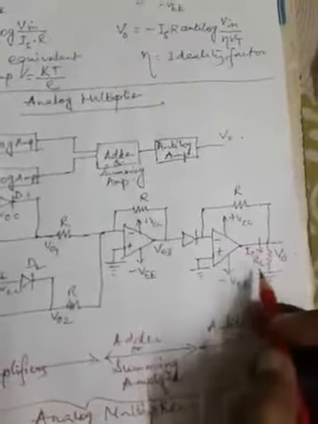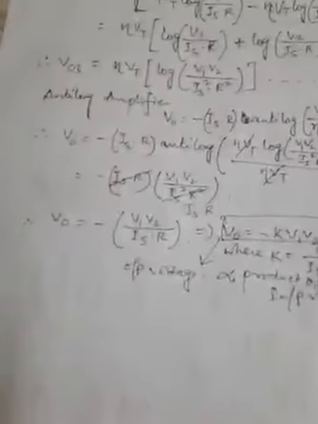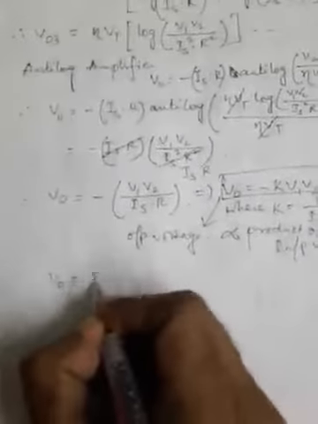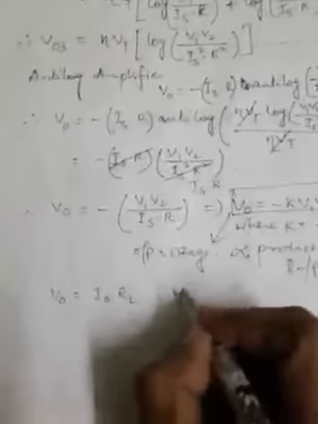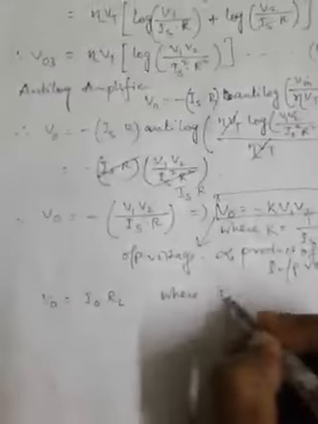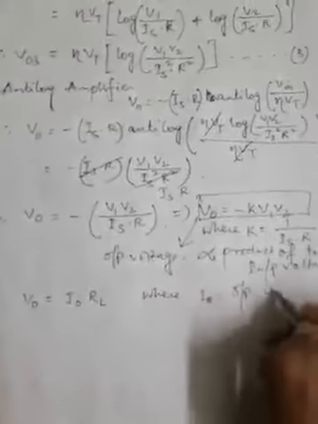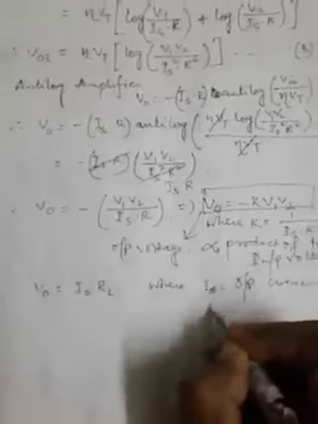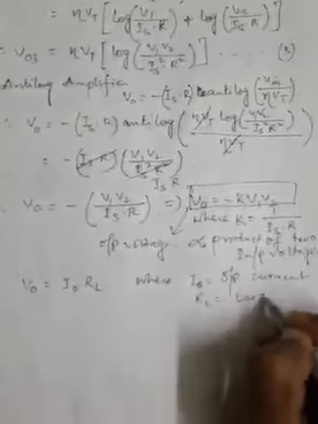So IO is the output current flowing into the ground through this load resistance RL for this final stage of the analog multiplier output. Therefore, we may write that this output voltage VO is IO into RL, output current into load resistance, where IO is the output current and RL is the load resistance.